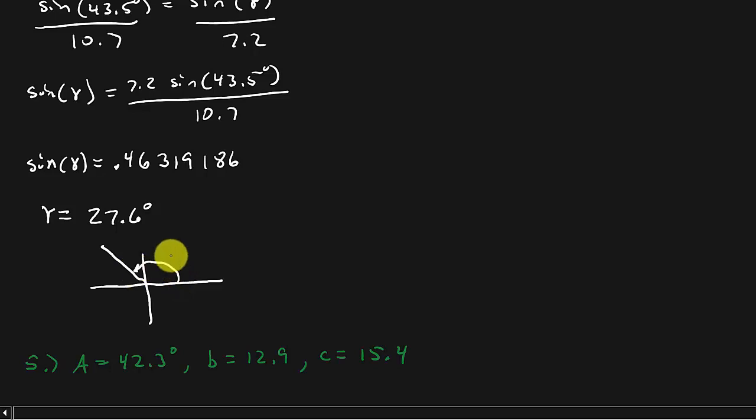We'll call this gamma 2. There's our reference angle, 27.6. So gamma 2 is 180 minus 27.6, which is 152.4 degrees. That's gamma 2.